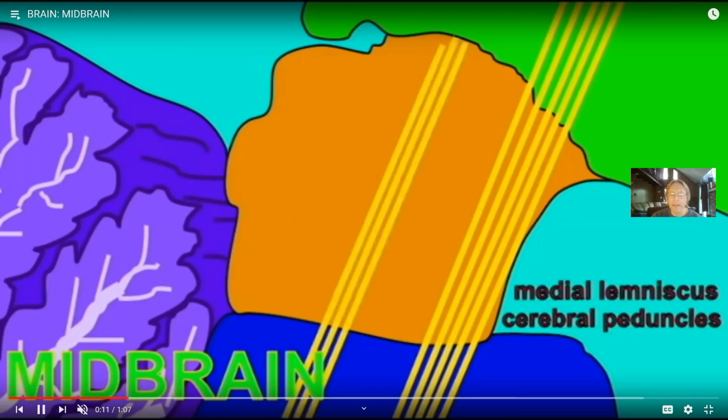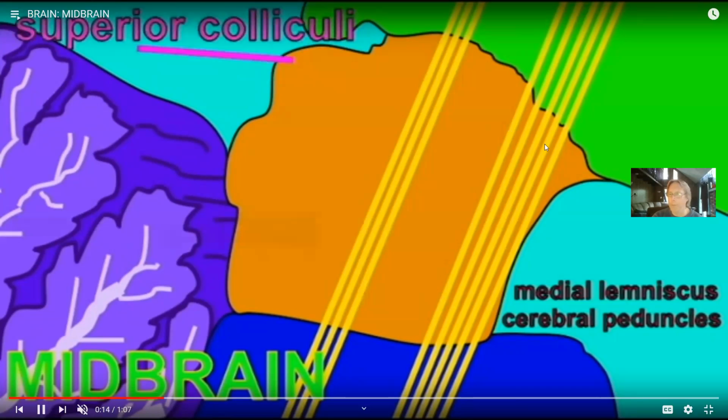And then the touch fibers coming from that nucleus gracilis and nucleus cuneatus of the medulla will then form the medial lemniscus, carrying the message onward. So here you can see that there are messages of descending tracts and messages of ascending tracts.